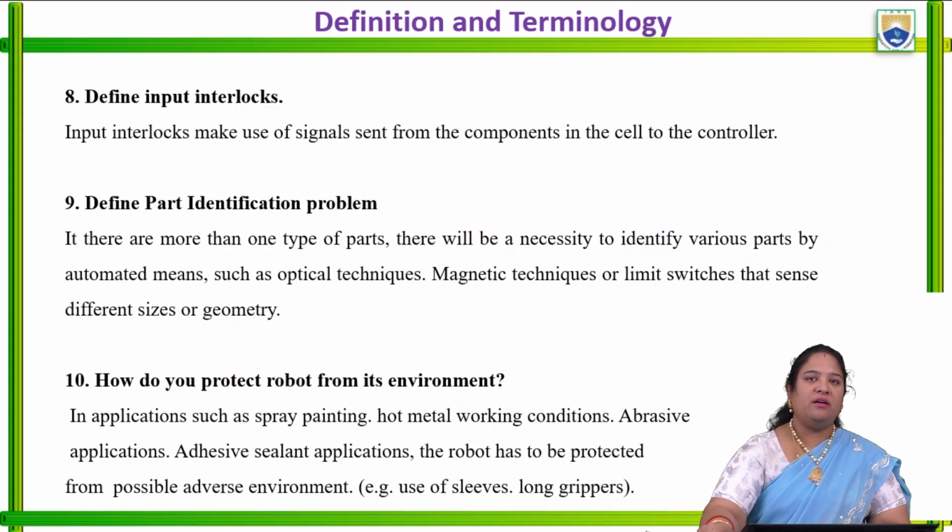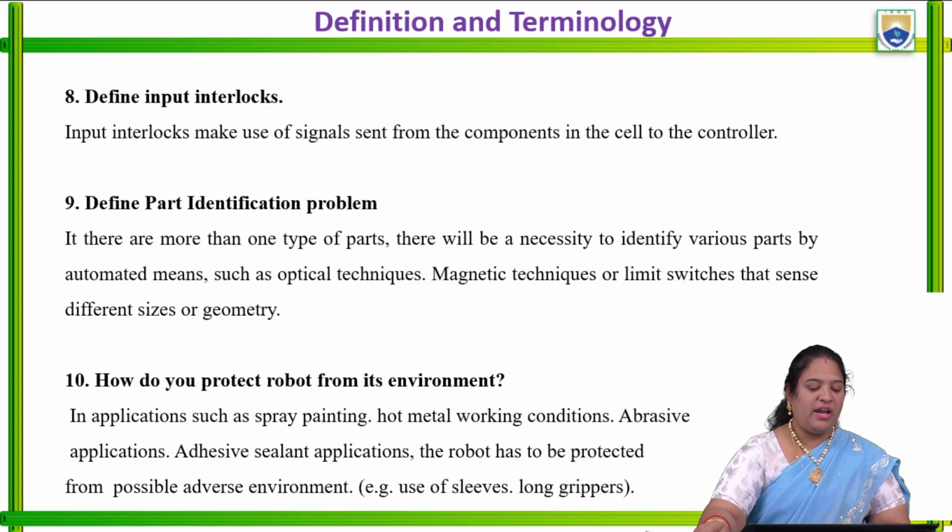It is something which sends the signal from the components in the cell to the controller. That is known as the input interlock. That is, input interlocks make use of signals sent from the components in the cell to the controller.